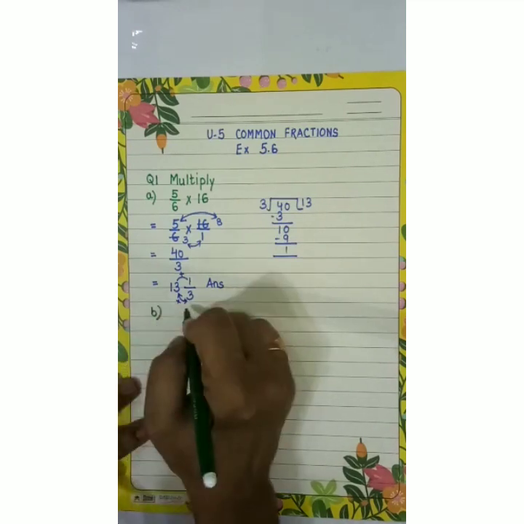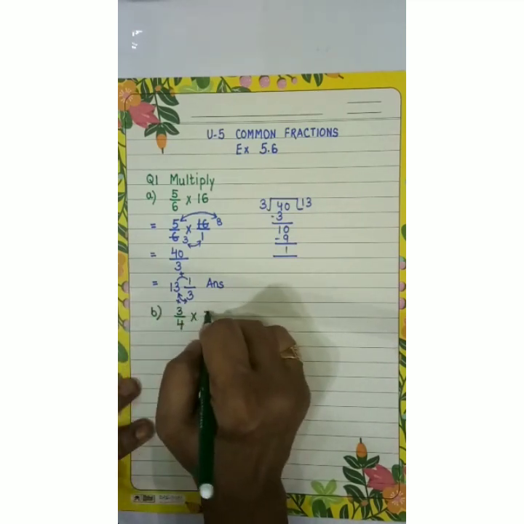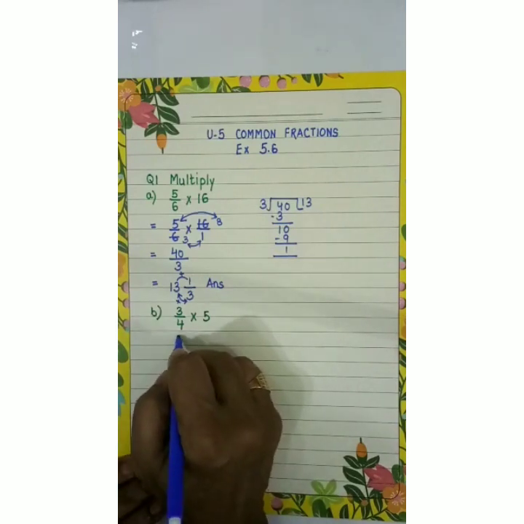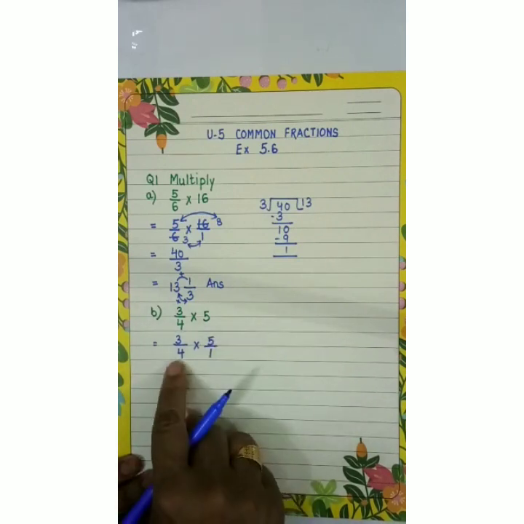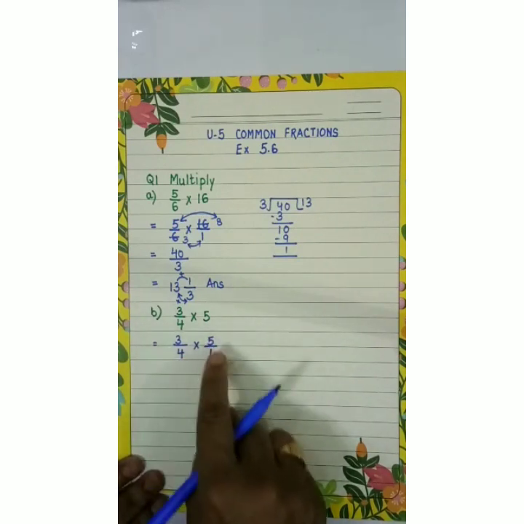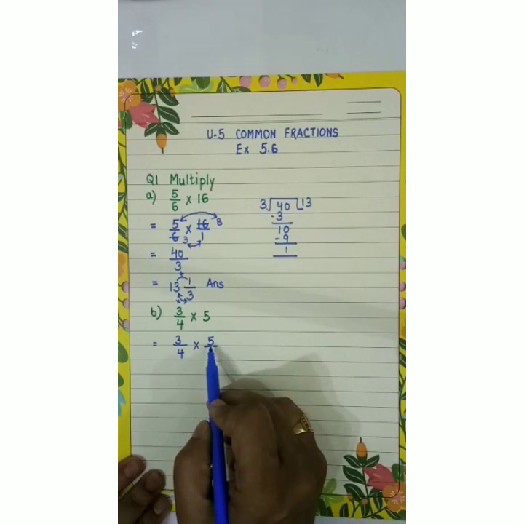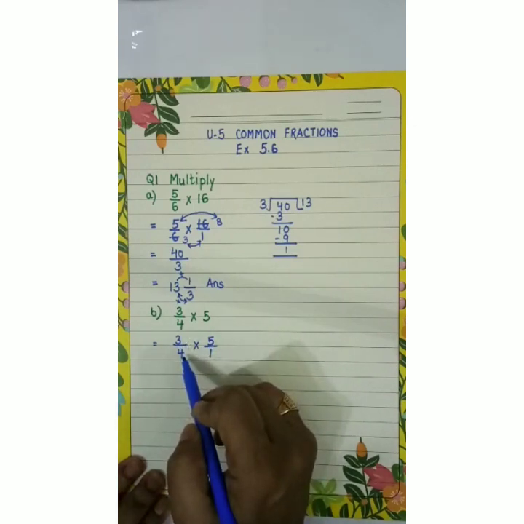The second part is 3 by 4 multiplied by 5. Now, in this example, you have to first convert this number into the pattern of this fraction. Now, when you see this question, these numbers 5 and 4 don't come in one common table. 3 and 4 also don't come in one common table.